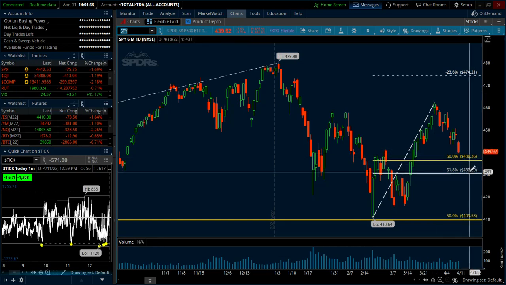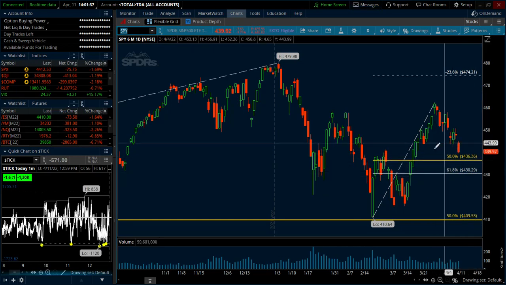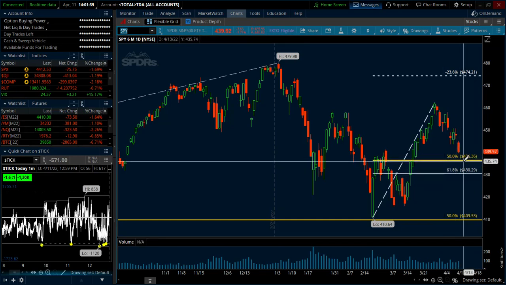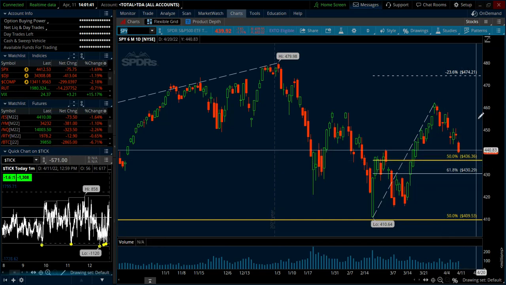So at this point, I'm fine with looking for some swing trade longs here at the 50 and see if that pushes us higher. The next Fed meeting is the beginning of May, and the old adage, sell in May and go away, could be one that takes effect this summer.